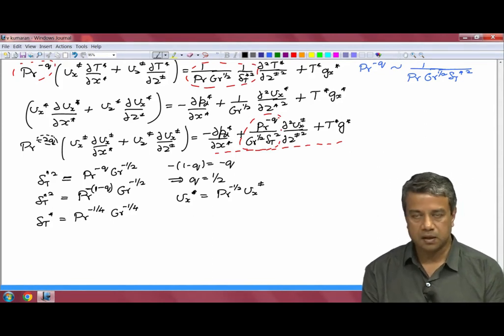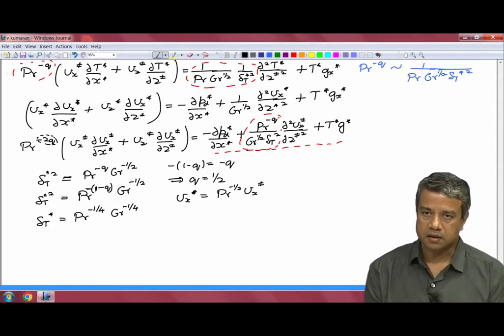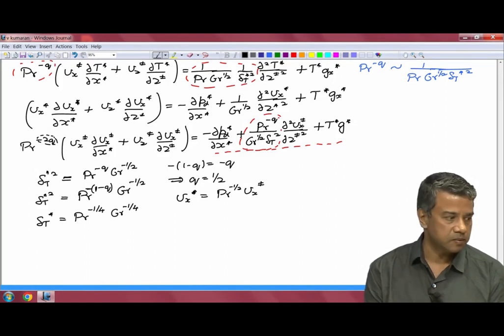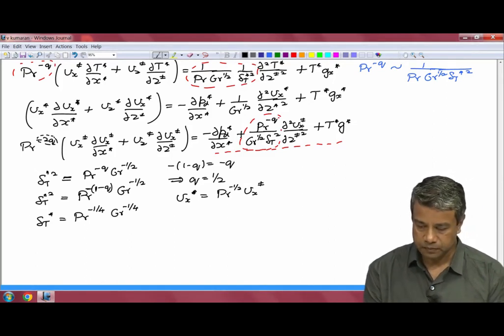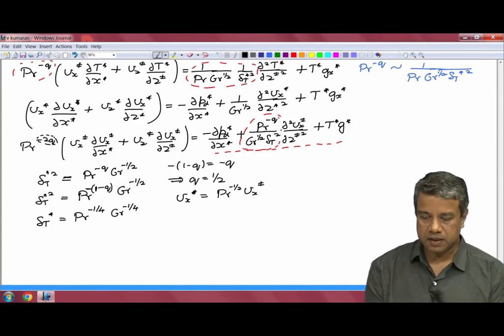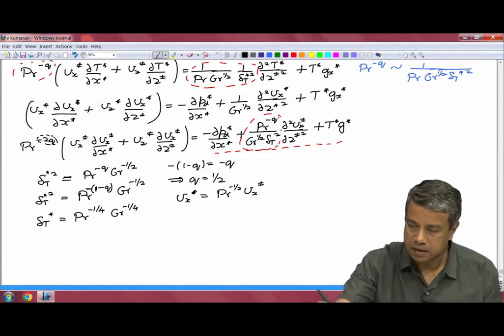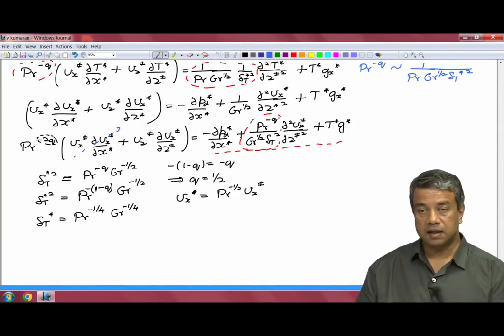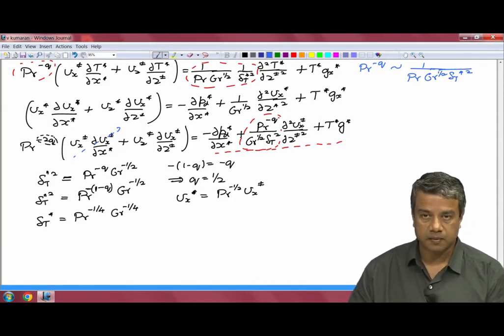So, that is the boundary layer thickness that you get by balancing convection and diffusion in the energy equation, and the body force and the viscous term in the momentum equation. And if you do that in this limit, you can neglect the inertial terms in the momentum equation, and then the equation is now independent of parameters.